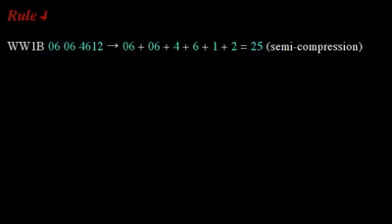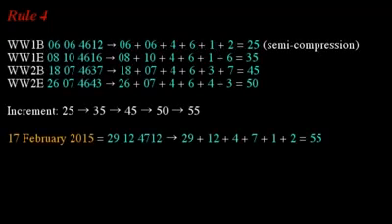Rule 4 is the most simple and the most crucial numerology. The lunar date of World War I can be semi-compressed to 25. If you repeat the same process for other dates, then we have a series of multiples of 5.